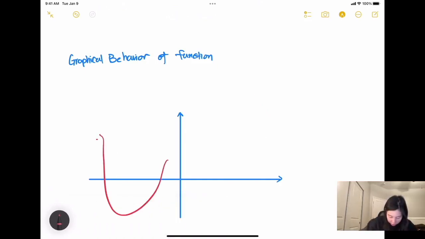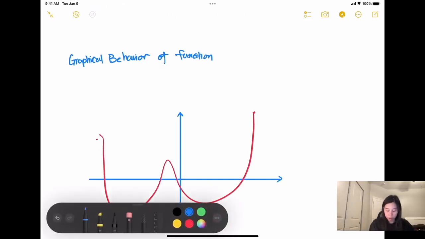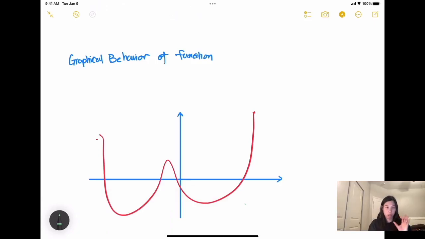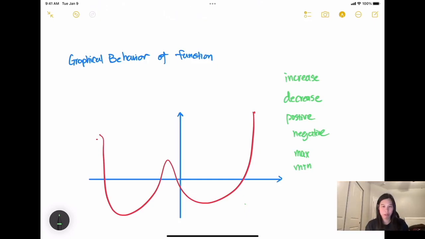Okay. In terms of the behavior of the function, we need to talk about increasing or decreasing, positive or negative, and then minimum and maximum. Okay, so increasing, decreasing. This is really straightforward.